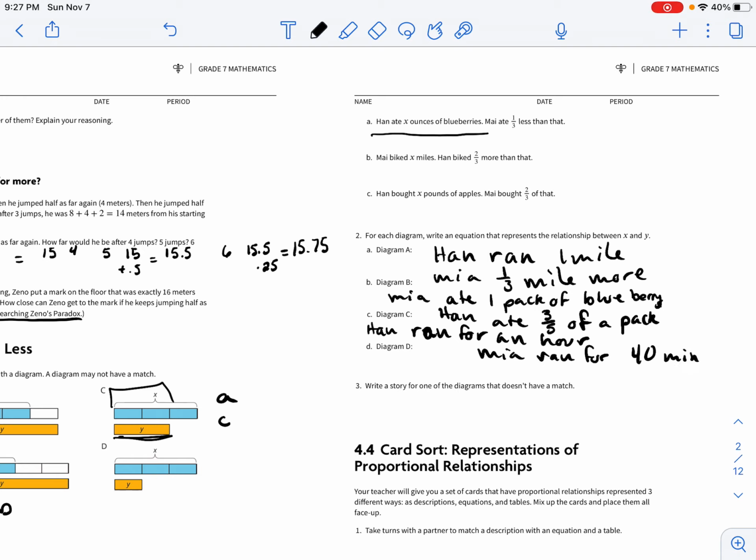And the last one, so using the same, see, Maya worked for 3 hours, Han worked for 1. They all could represent those diagrams there. It says write a story for one of the diagrams that doesn't have a match.